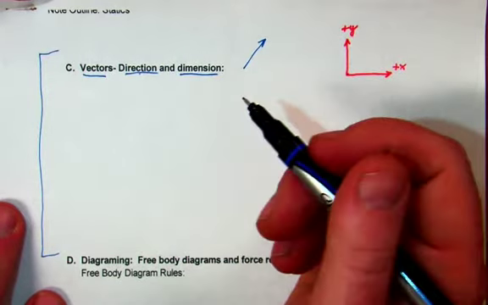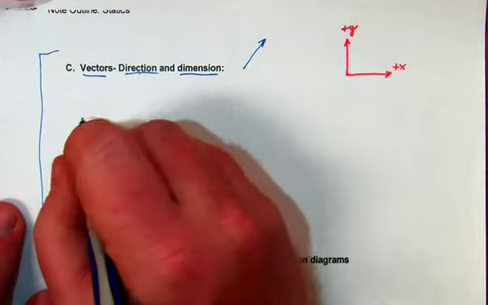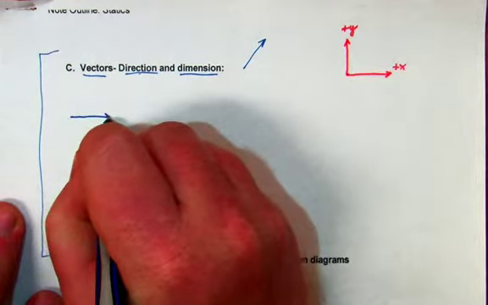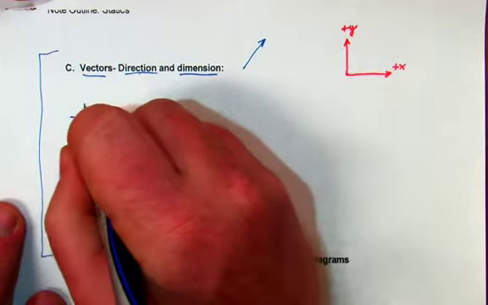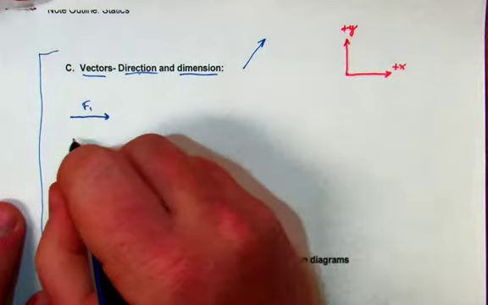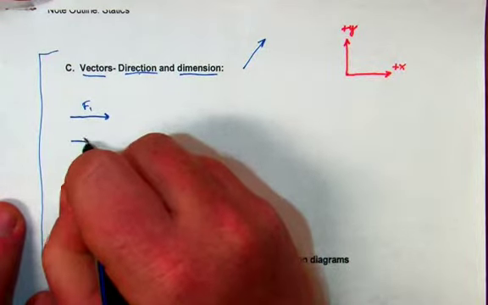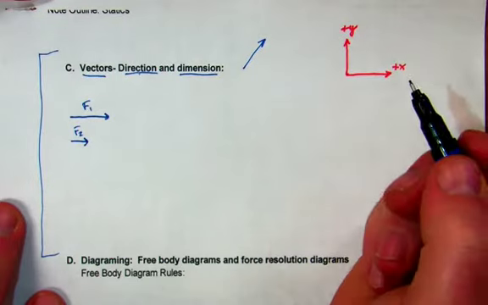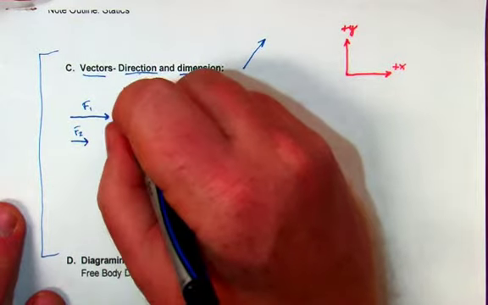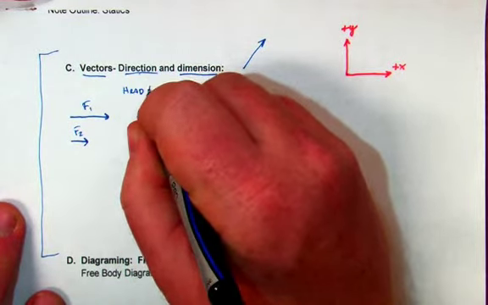you add them the same way. All right? So if you have two different vectors, and they are in the same dimension, so let's call that F1, force 1, and then you have another force acting on the same object, which is F2. How would you add those together? Well, you use what's called the head-to-tail method.